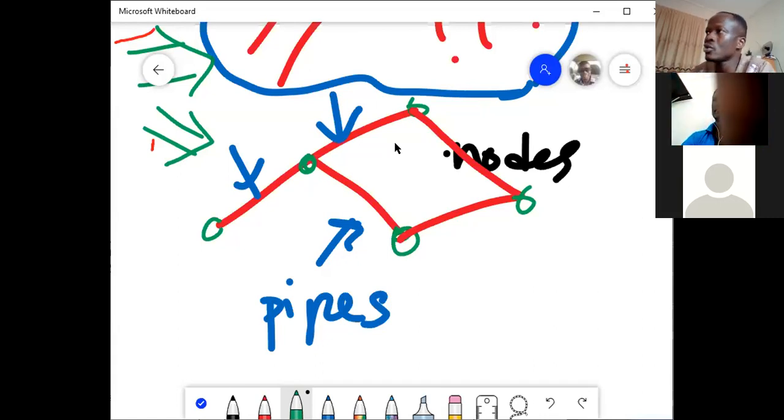So what am I talking about? I'm talking about a network: the parts of it, which are the links and the nodes, and then the attributes of the links, which for a road network are typically speed limits. The class of road can be an impedance.